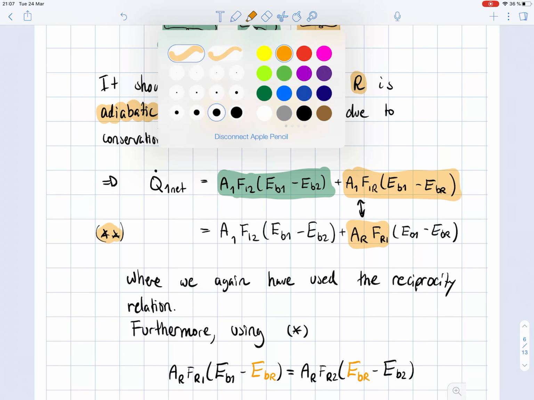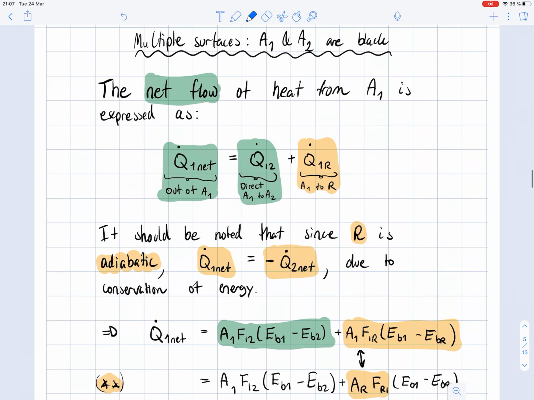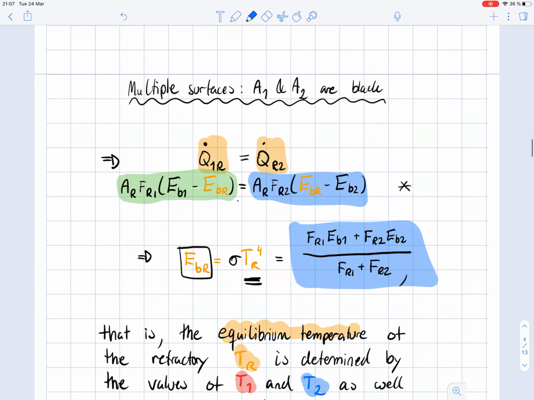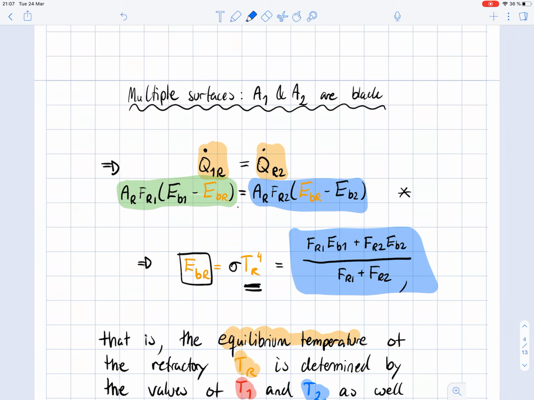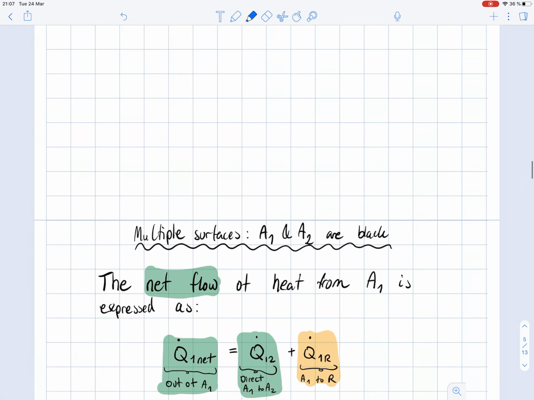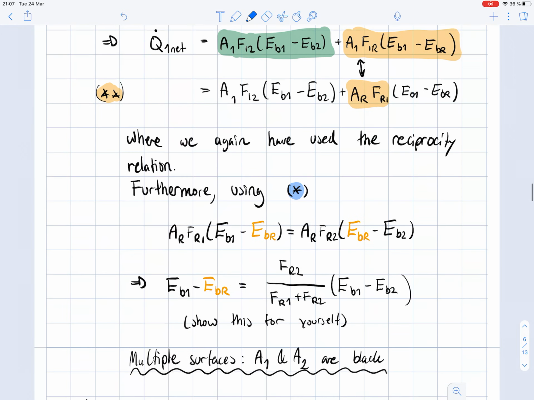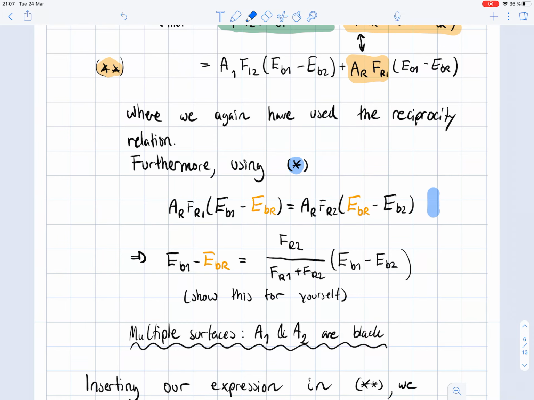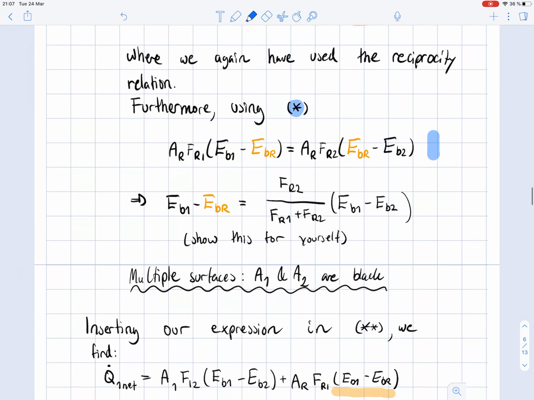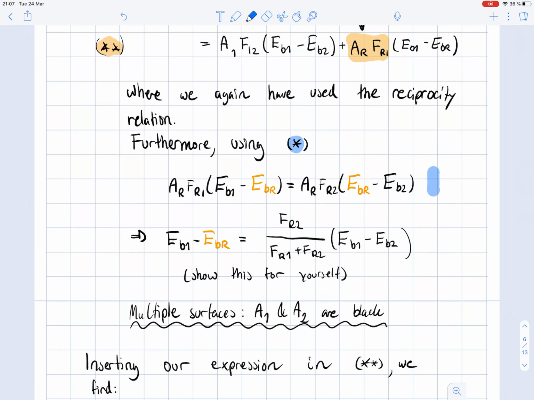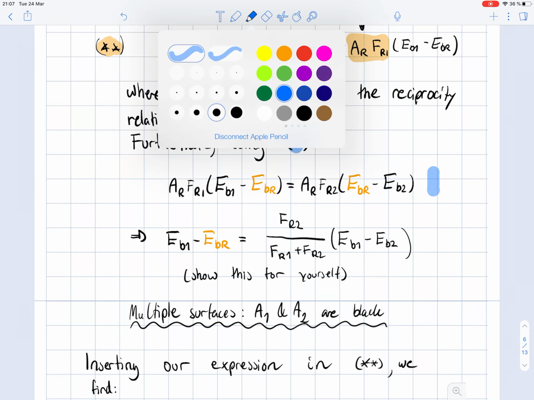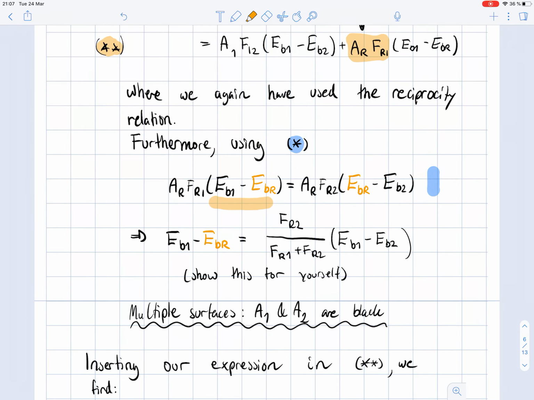Going back to equation star, which was this one, relating Q1R to QR2. Rewritten here. We see that we can find here an expression for EB1 minus EBR here.